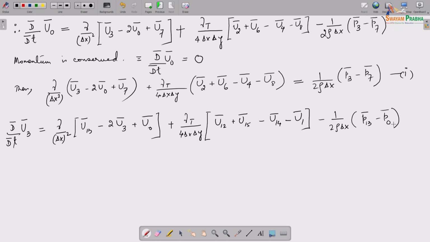Again, since the left hand side is going to be 0, I can actually do that. Basically we are going to say this is equal to the right hand side.